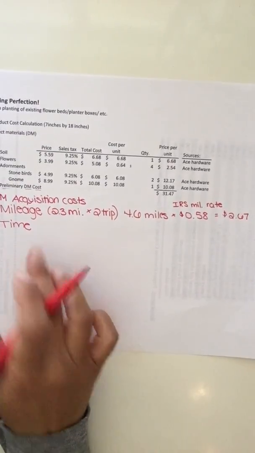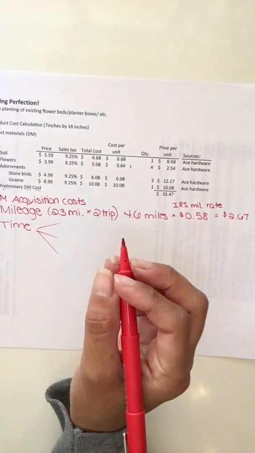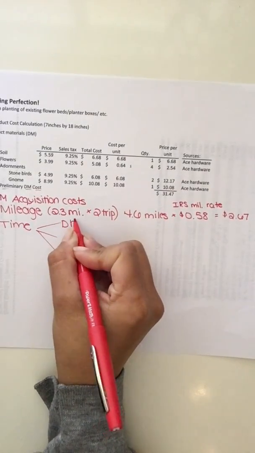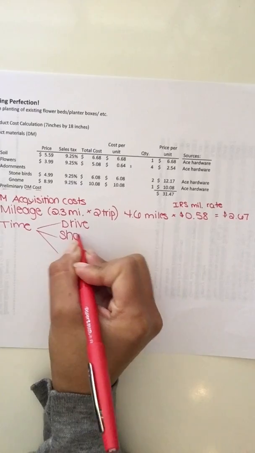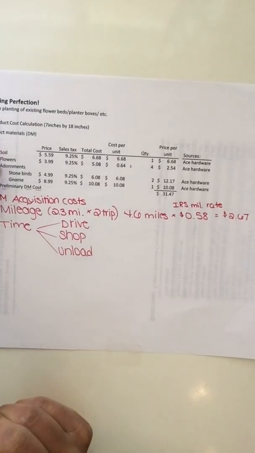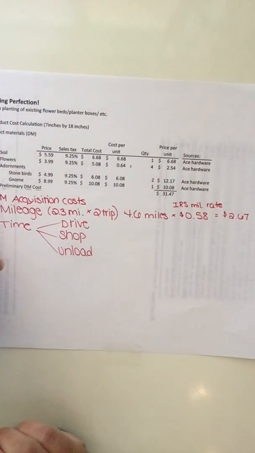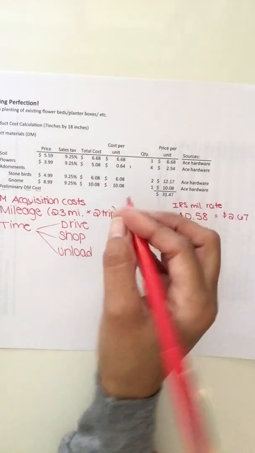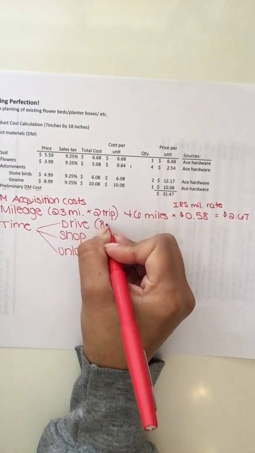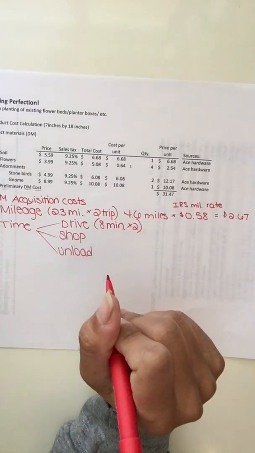Then don't forget about your time. I'm going to separate my time into 3 areas. The time that it took me to drive there, the time that it took me to do my shopping, and the time it took me to unload all of these materials from my car into my work area. Okay, so according to Apple Maps, it's an 8-minute drive there. And again, I had to come back.